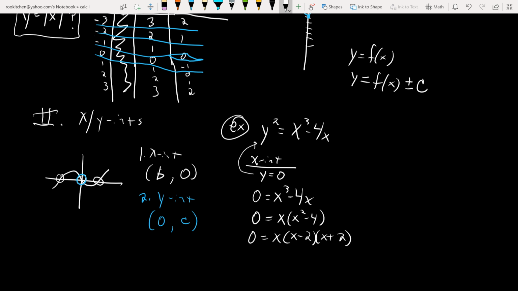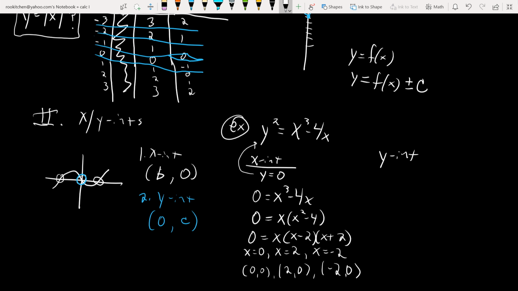And it looks like we have 3 intercepts. So setting each part equal to 0, I have x is 0, x is 2, and then x is negative 2. Right? So intercept 0, 0, intercept 2, 0, and then an intercept at negative 2, 0.